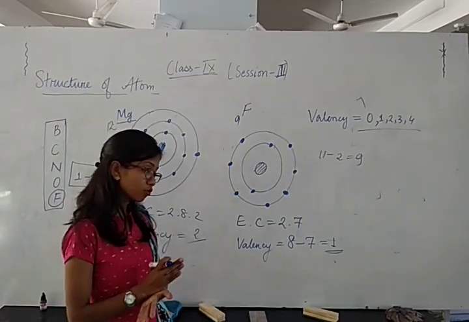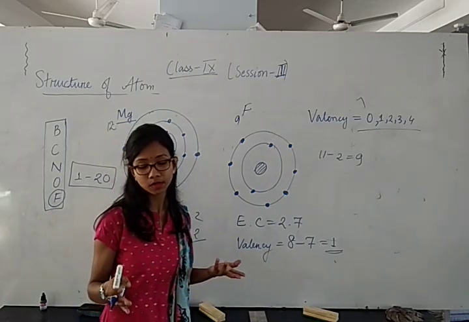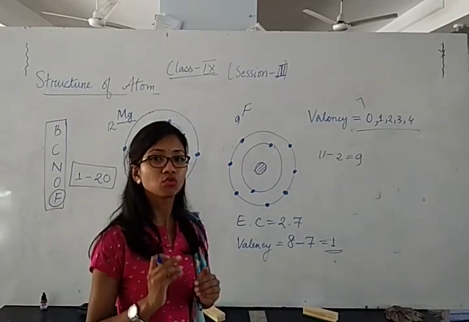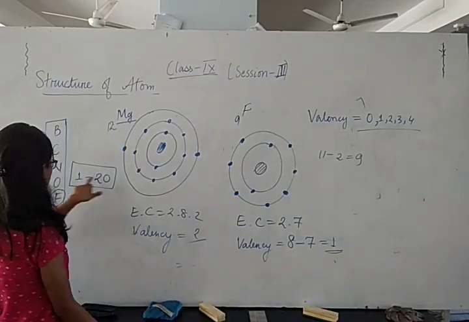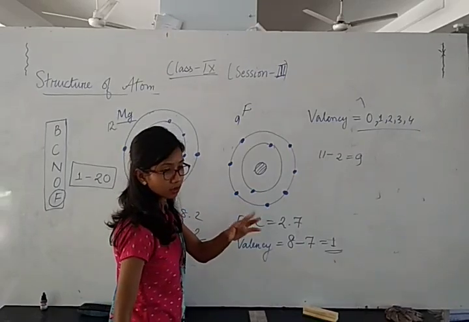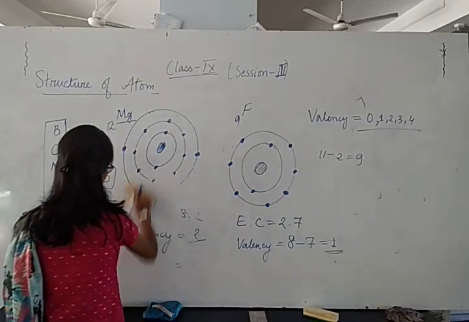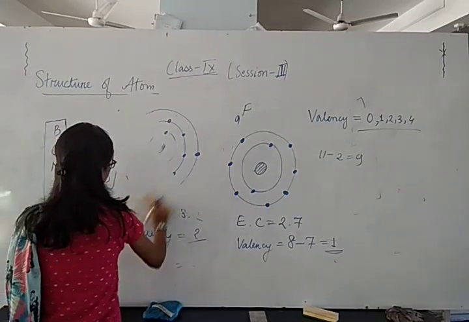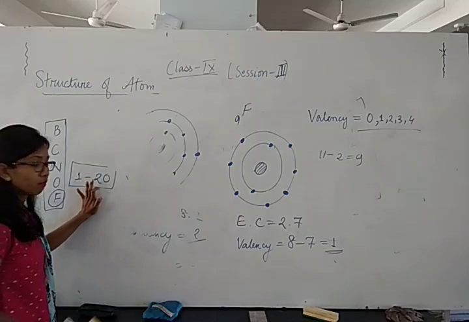You draw the atomic model in 2 to 3 pages, whatever page number it might require, but draw it in a proper, neat and clean way. Now from hydrogen to calcium you draw the structure. No need to go further than that. From 21 it is not required now in class 9. 1 to 20, draw the model of the atom.